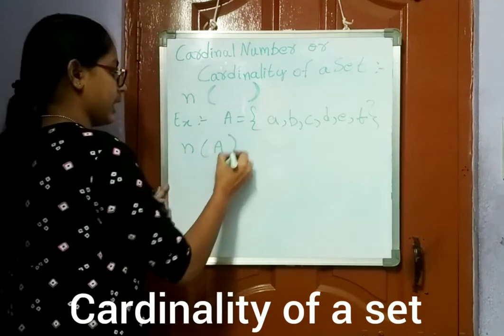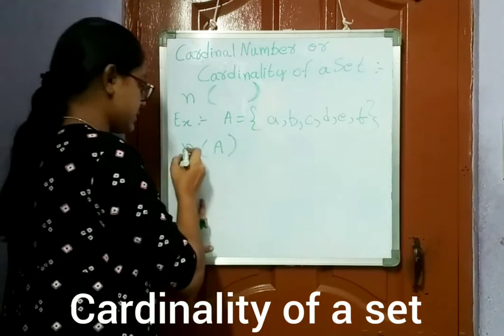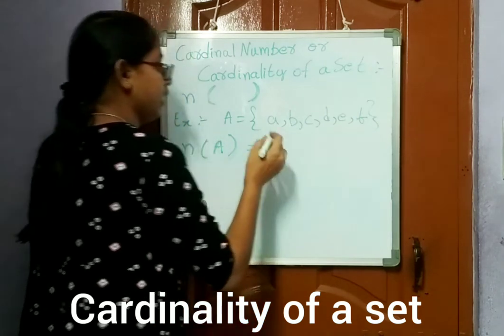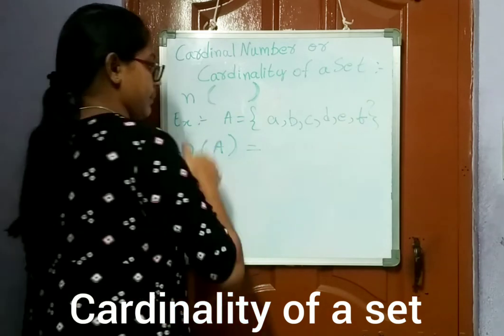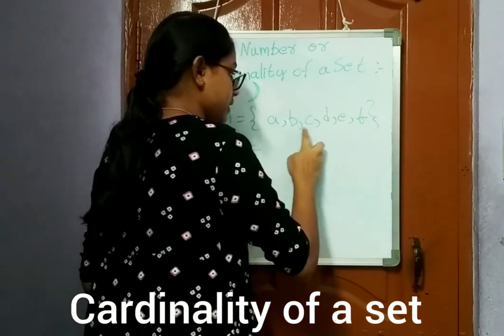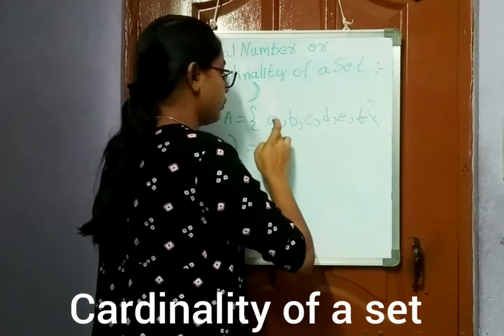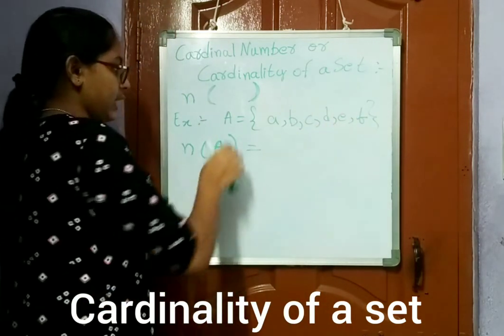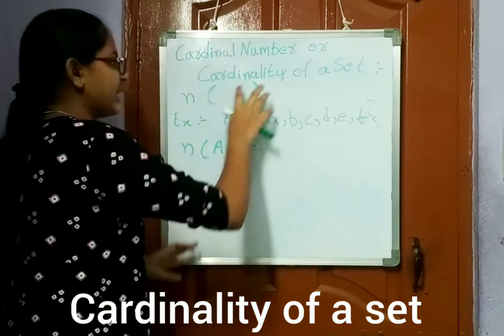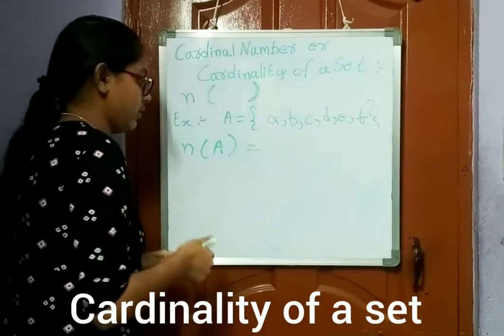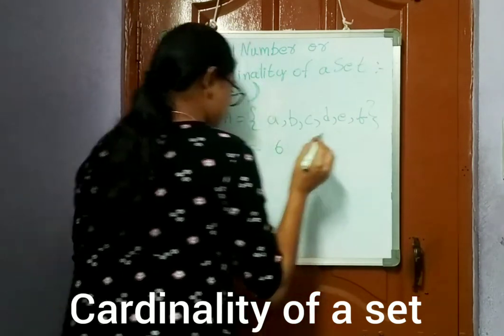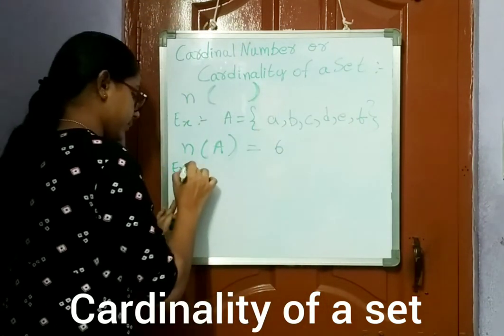That is, the cardinality of A, n(A), equals the number of elements in A, that is A, B, C, D, E, F, that is 1, 2, 3, 4, 5, 6. There are 6 elements in the set A. So the cardinality of A, n(A), is 6.